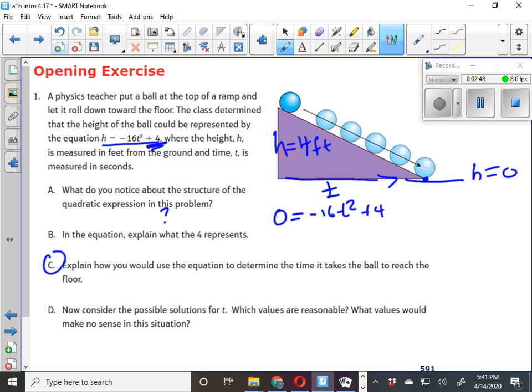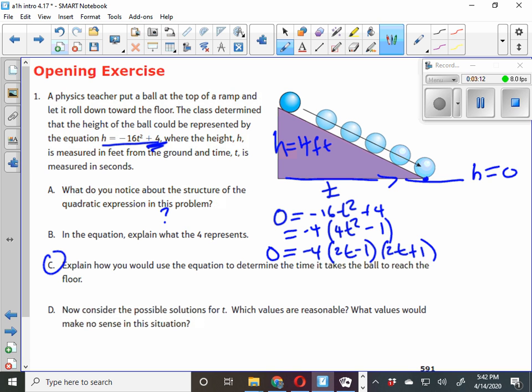Or we could just try to solve it. But let's do it that way. Negative 4 comes out. That leaves 4t squared minus 1. Now that's a difference of squares. Do you recognize the difference of squares? I hope so. Negative 4, this becomes 2t minus 1 times 2t plus 1.